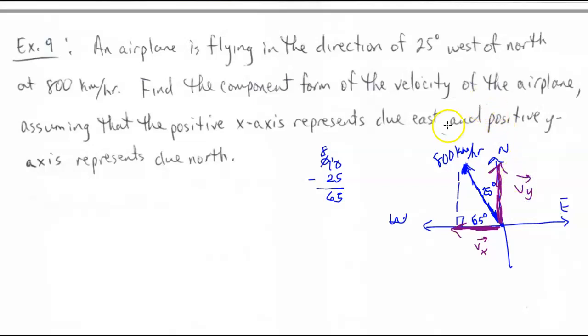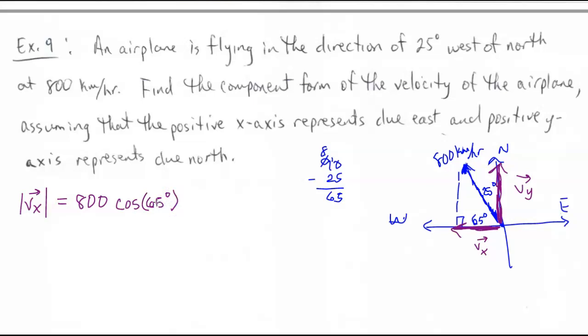And what we're concerned about is the magnitude of these two vectors. So we know that the magnitude of the horizontal component vector is going to be 800, because that's the magnitude of the actual vector itself, times cosine of 65 degrees.